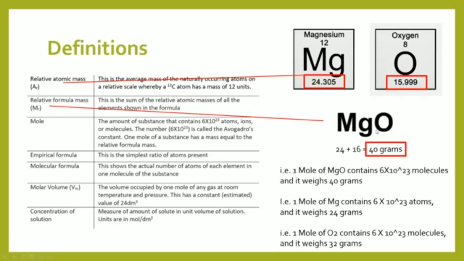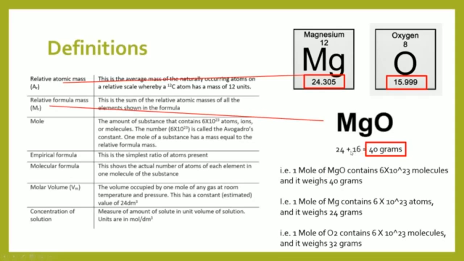Okay, now this is all relative mass, but it's important. And why this is important is because 1 mole of any substance is basically defined as the amount of substance that contains 6 times 10 to the power of 23 atoms, ions, or molecules within that substance, okay?